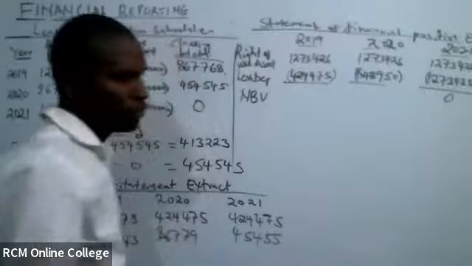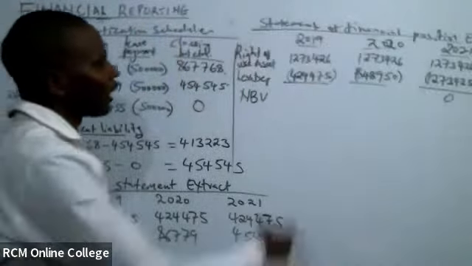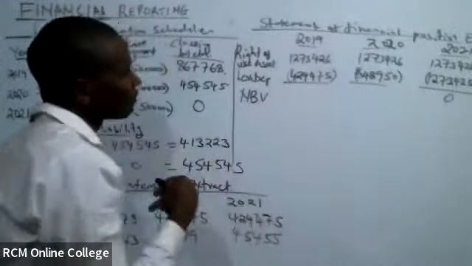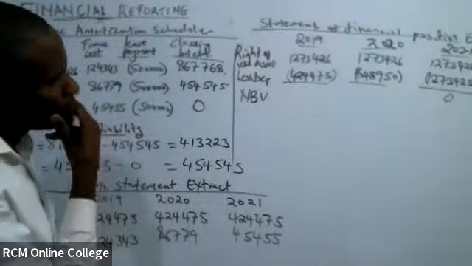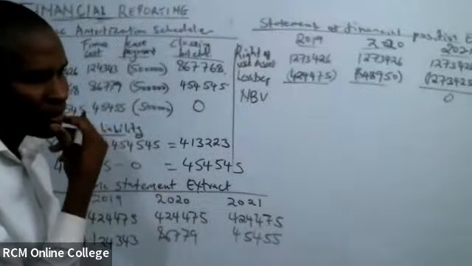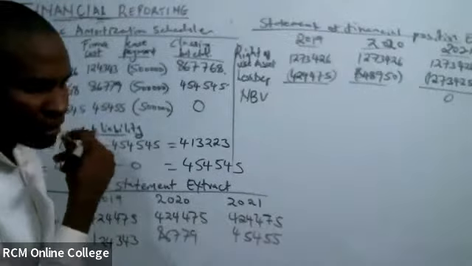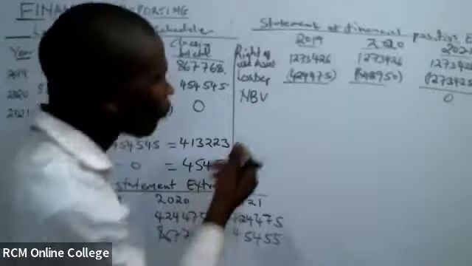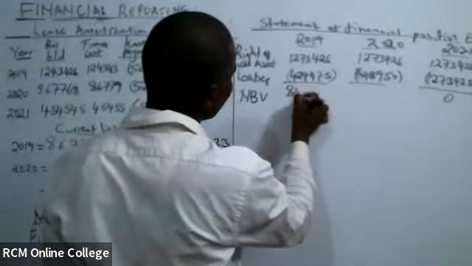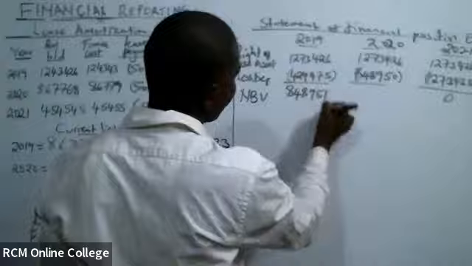Hapa najua itakuwa 0. Obvious, tumemalizana na hiyo. Mwaka ya kwanza net book value 848,951.